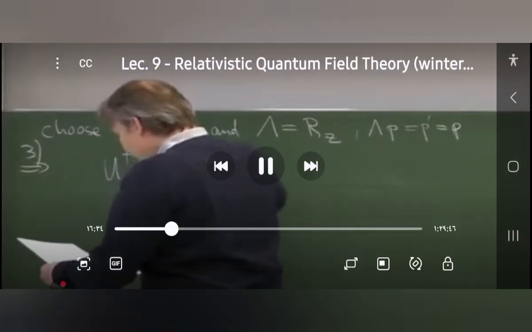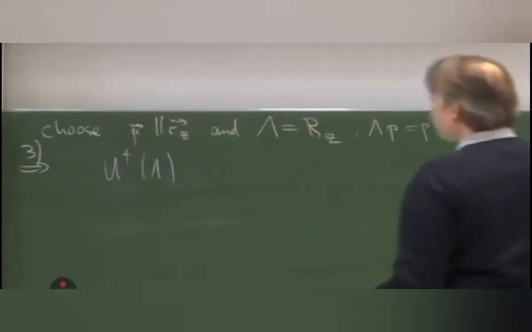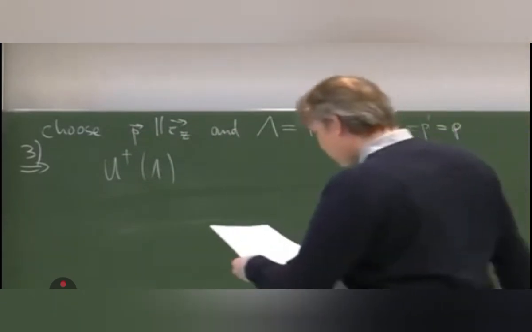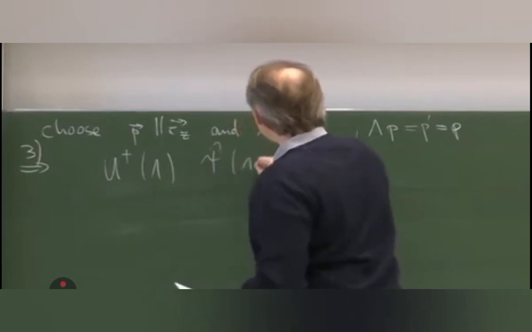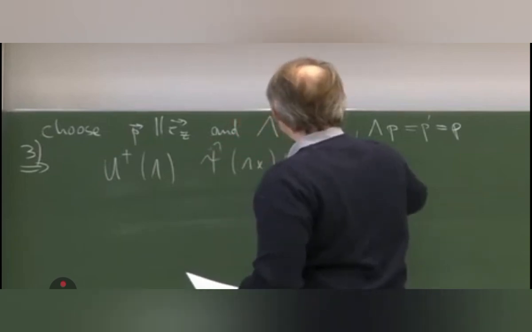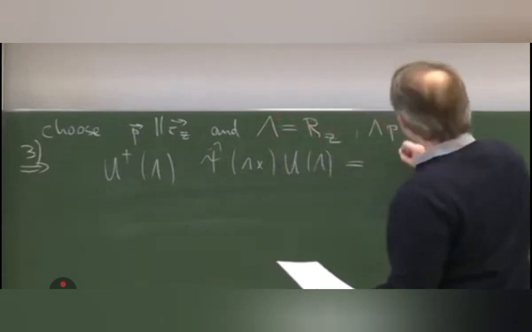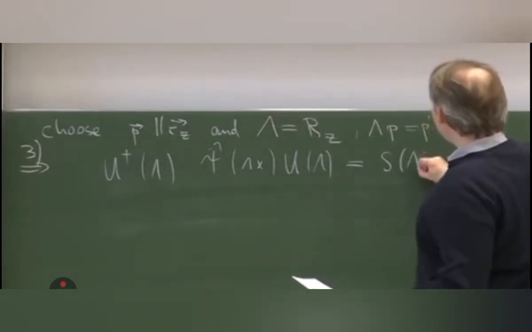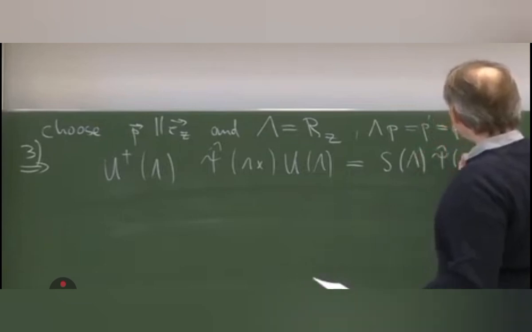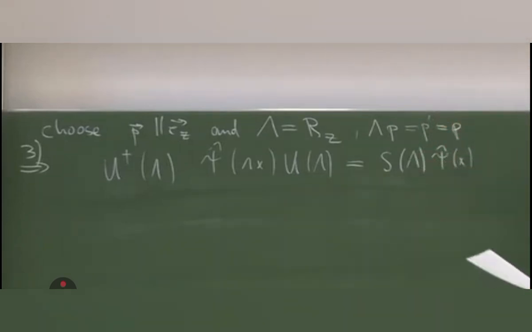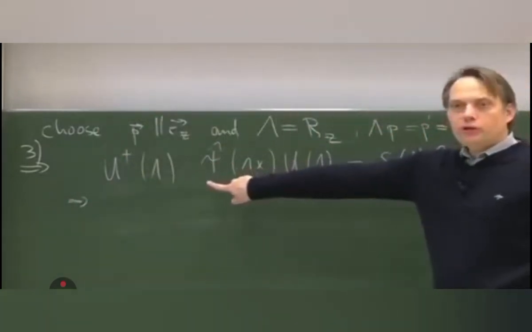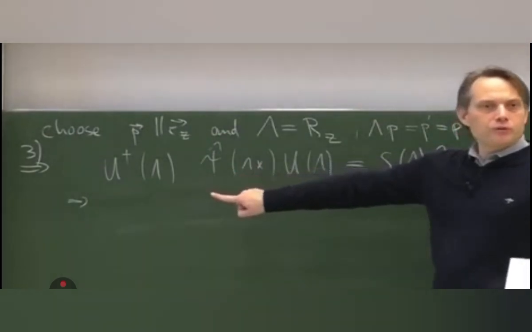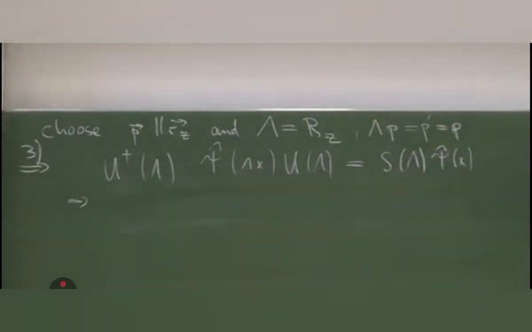U of lambda, let's only use a Lorentz transformation, and this particular Lorentz transformation, U of lambda, times the field operator, lambda x, times U of lambda, is equal to S of this specific Lorentz transformation, which is a rotation around the Z-axis. And let us now imagine our field operator is a Fourier integral with this dp tilde and a sum over S containing such terms.